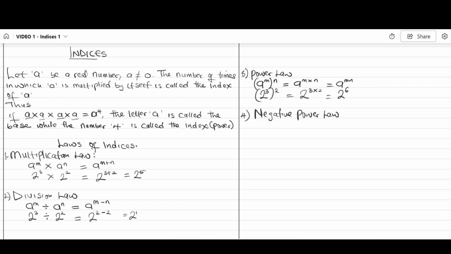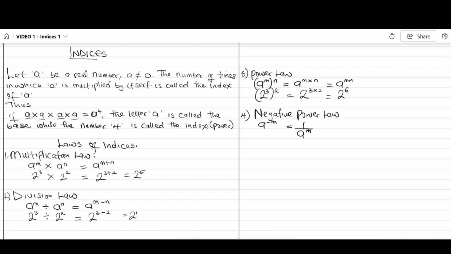So this means that if I have my base a raised to a negative power n, we say this is equal to the reciprocal of the base raised to the corresponding positive power.